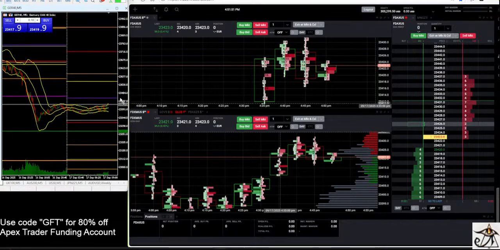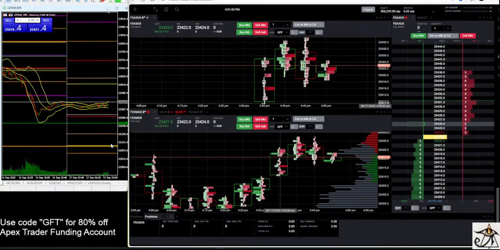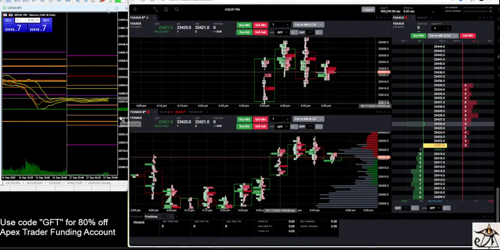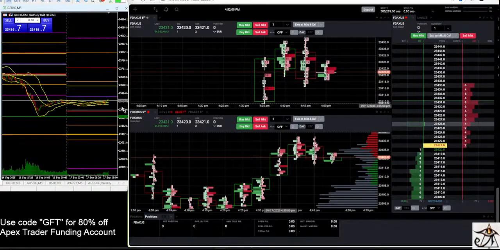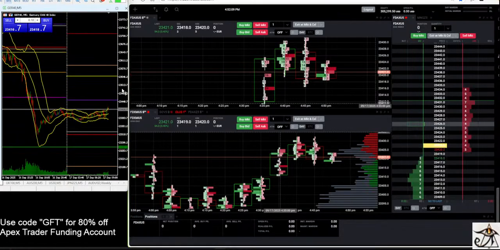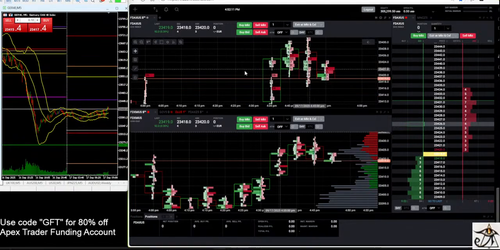So there's quite a bit to kind of turn us back around at some point to the downside. The S3 is quite a distance away, so we're going to hopefully get some volatility at the start of the market or at the open in about 8 minutes time to give us a bit more indication as to what the market's going to do.